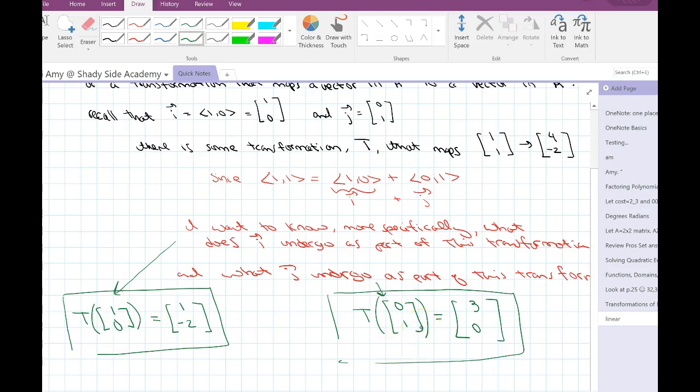I can see the transformation applied to the vector (1, 1), but to know the general transformative rule, I would like to know how it affects the number 1 and the number 1. Because if I know how the transformation affects the number 1, I can then generate a rule.